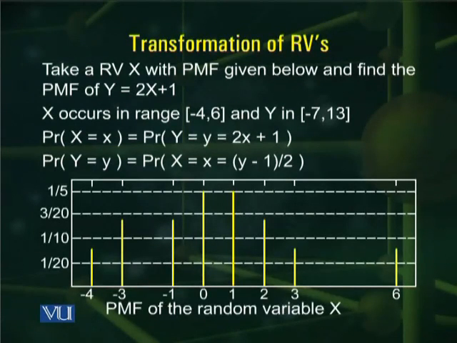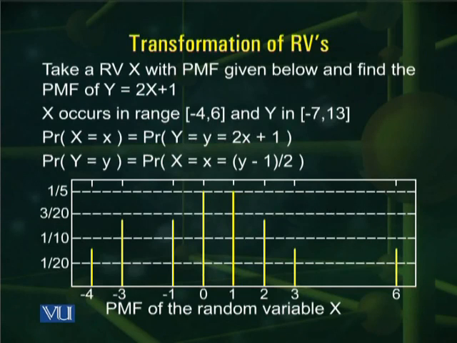We'll just restrict our attention to the values this random variable takes and the associated probability values. So this random variable takes on values of -4, -3, -1, 0, 1, 2, 3 and 6, and associated probability values are either 1/15, 2/15 or 3/15, as you can see in the slide.